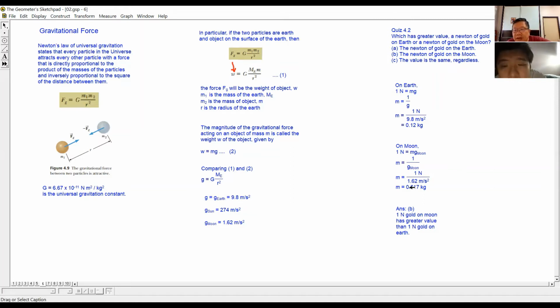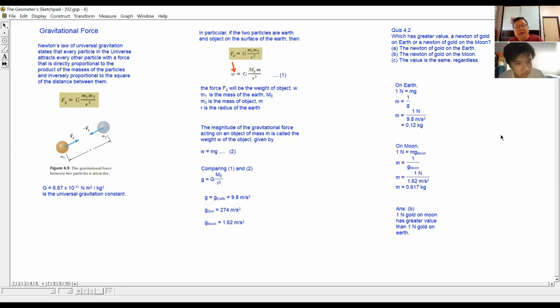Because if you see the mass here, the mass of the gold on the moon is 0.67 kilogram, while the mass of 1 Newton of gold on Earth is only 0.12 kilogram. So 0.67 kilogram of gold is more valuable than 0.12 kilogram of gold. So the answer is 1 Newton of gold on the moon has a greater value than 1 Newton of gold on the Earth.